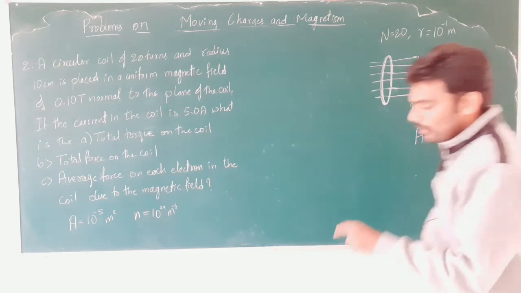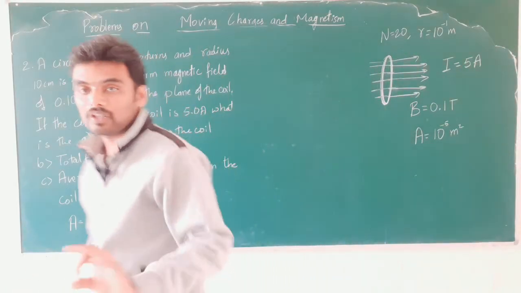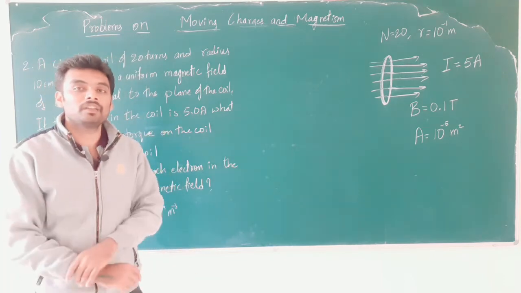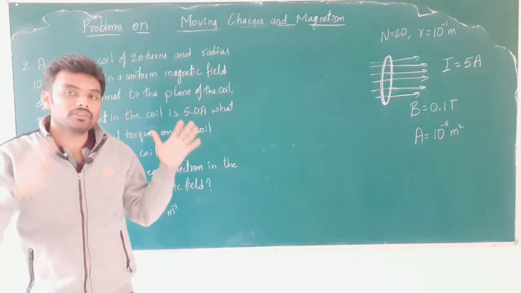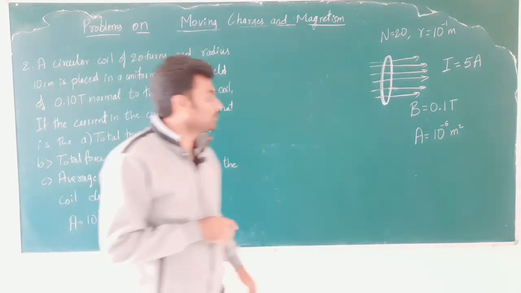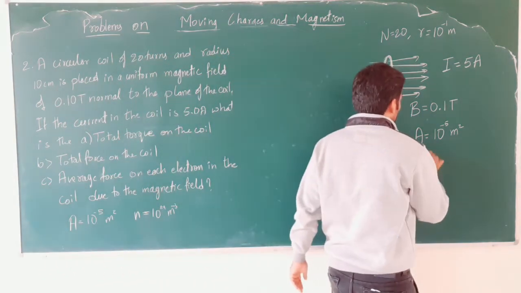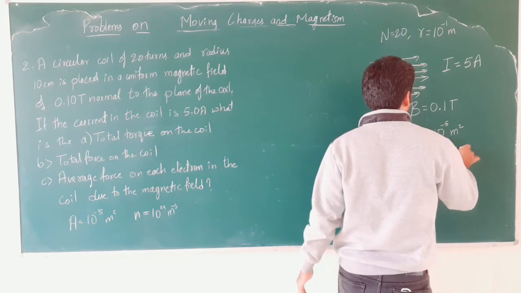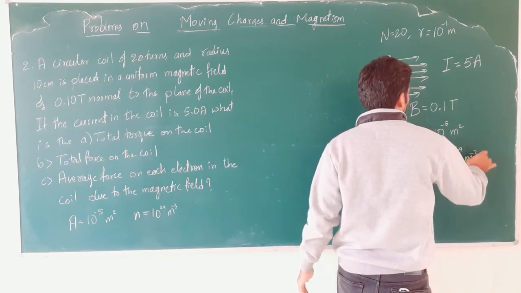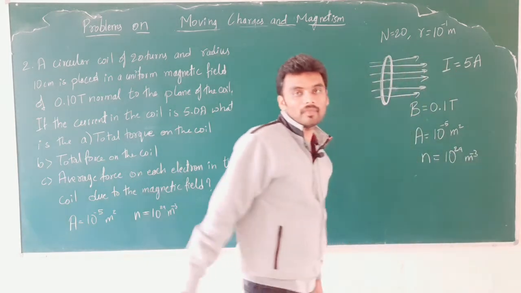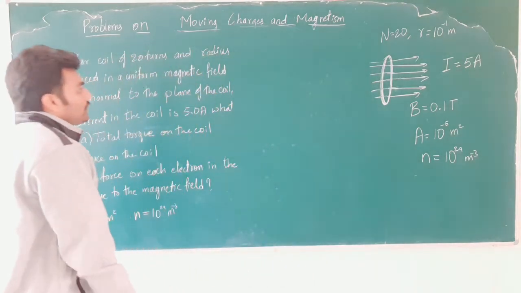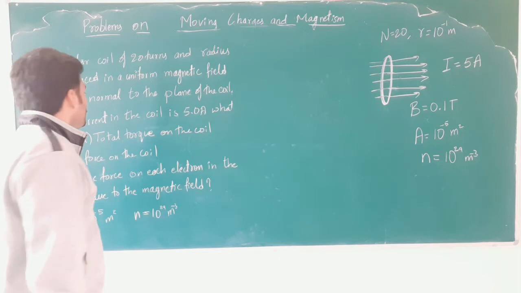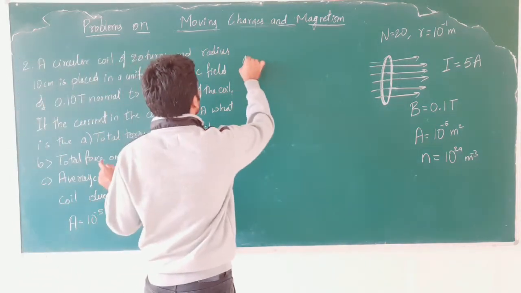And n, small n, the free electron density, the number of free electrons per unit volume, is also given: 10 to the power of 29 per meter cube, right? Okay, so now we have all the given data, and now we should get the values of these things.